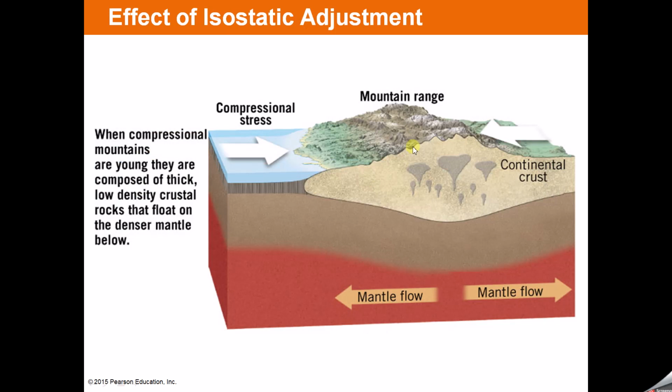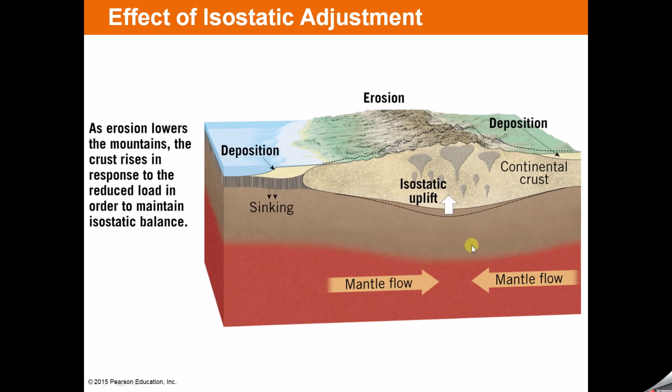So effect of isostasy. Here, if we have compression, especially in the mountain building region, subduction zones, what will happen? Compression and uplifting at the top side, and due to the weight, we'll have here subsidence. So the whole lithosphere is lighter than the mantle and is floating above the mantle. Let's say over time erosion happened and this mountain lost a lot of its elevation and weathered and transported to the ocean.